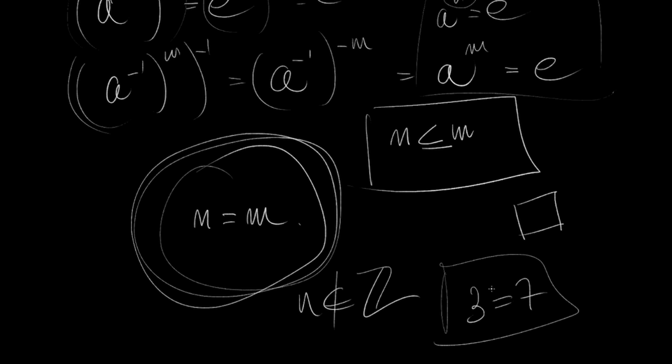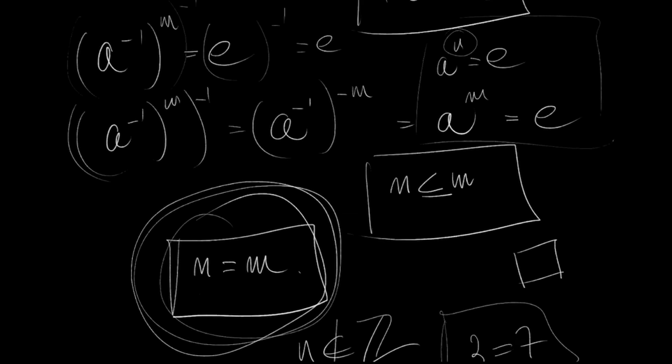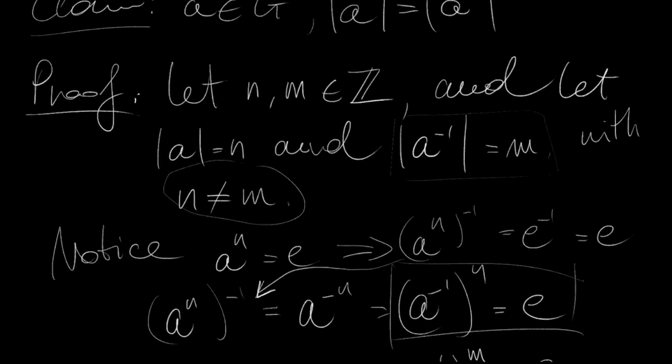Something that contradicted our integer properties. Okay, so what did this do? n equal m equal n contradicted our assumption. Since it contradicted our assumption, whatever the result was, our assumption has been contradicted.